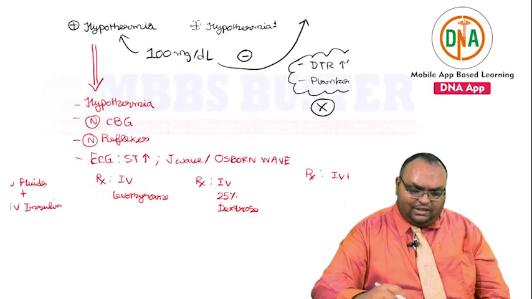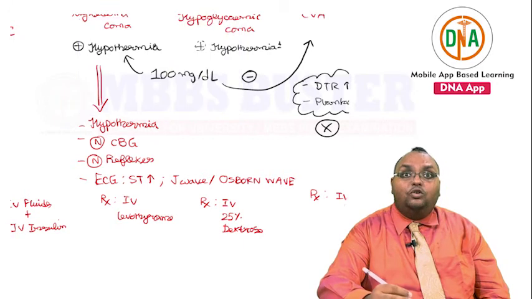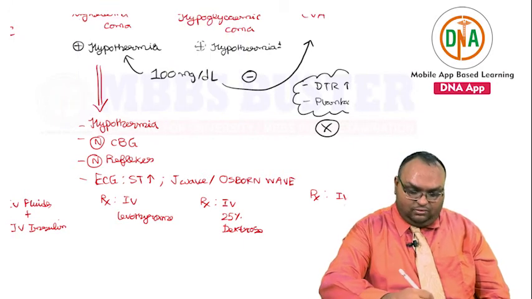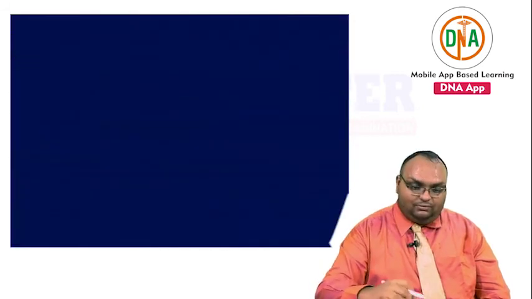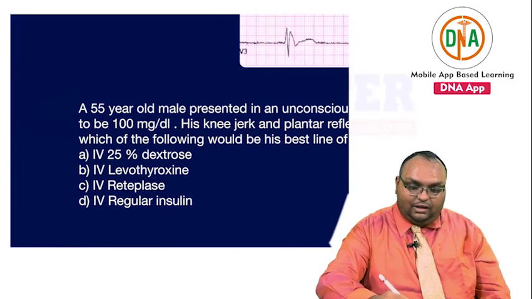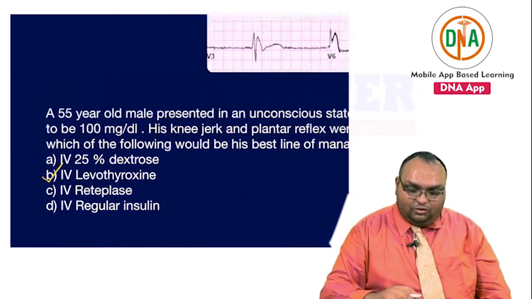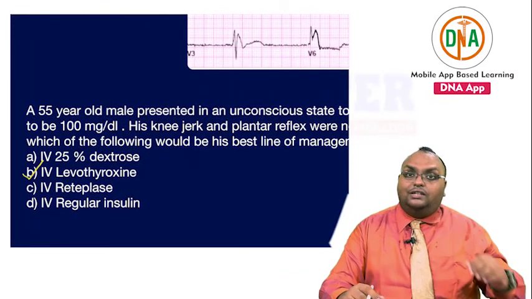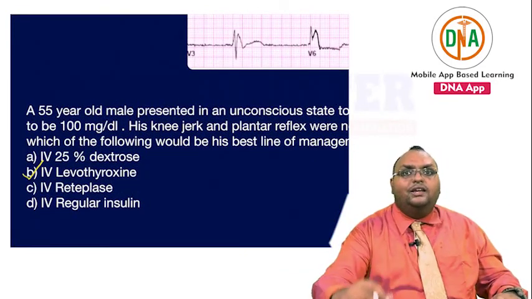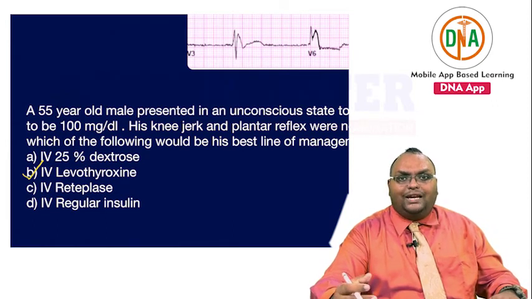But over here, since our diagnosis is mostly centered around myxedema coma, the treatment comes out to be IV levothyroxine. Yes, it is IV levothyroxine. So, best line of management, since we are seeing Osborne waves and the other things we've already ruled out, we've said that possibly this patient belongs to the category of a myxedema coma.